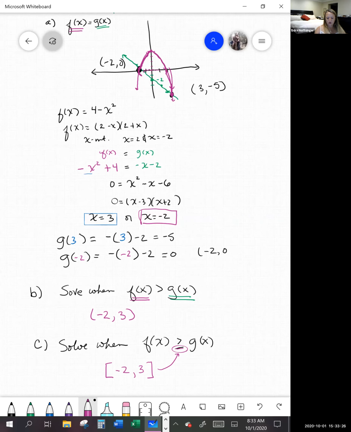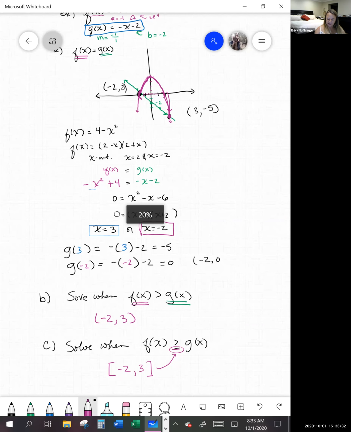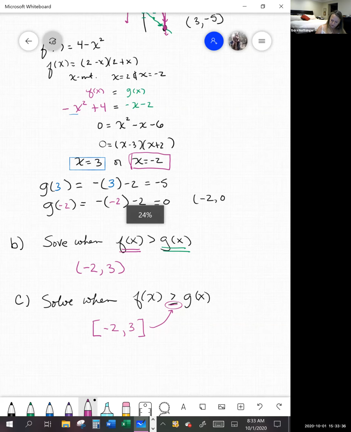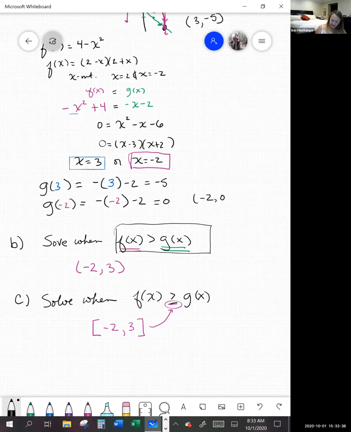If you didn't want to graph both of those pictures, what you could have done is, in this case, look at my f of x function, which was -x² + 4.